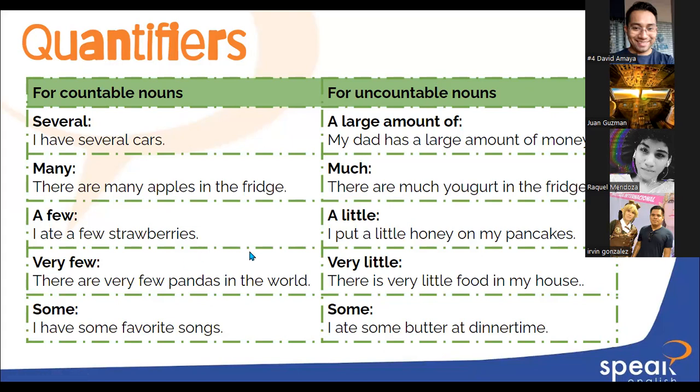So do you have any doubt regarding this topic? No. Okay, remember we start from a lot and we finish with a little, like a large quantity and then just a few.